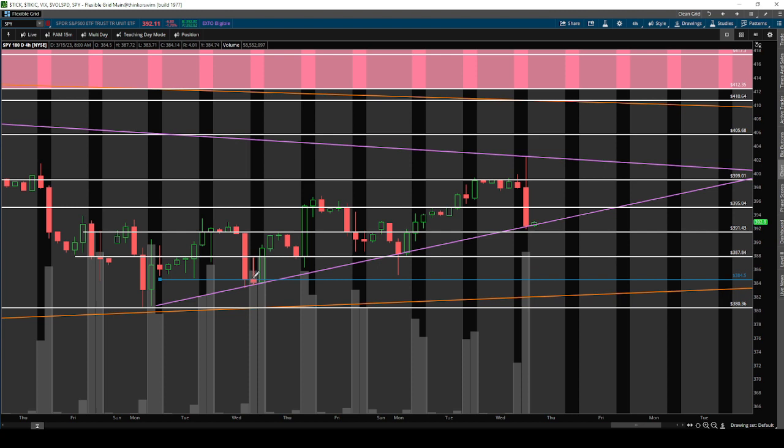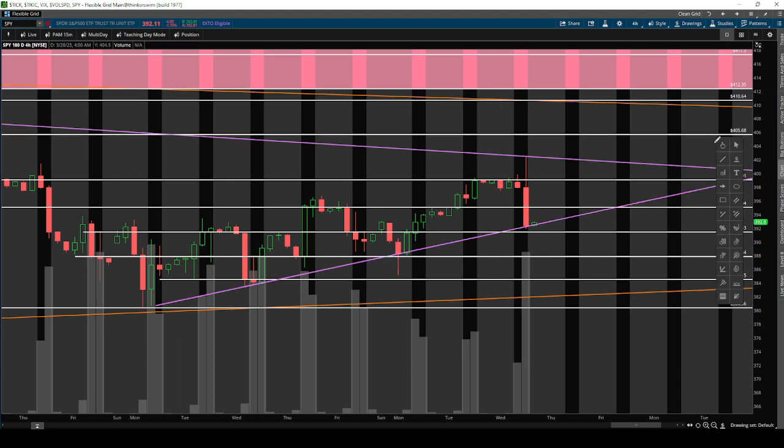Probably looking at that 384 would be the best, right? Because this seems like we tried to push through here. We found that trend line support, and then we tried to push through here. Look, we couldn't go below it again. Found trend line support.